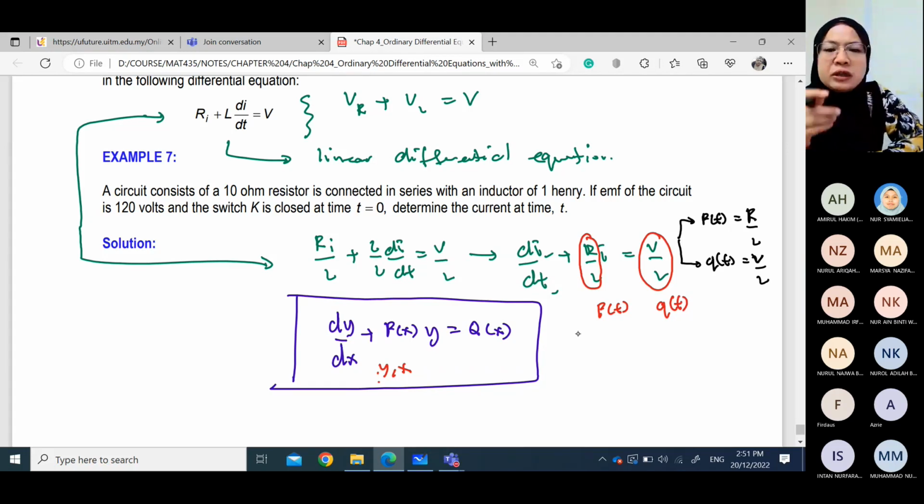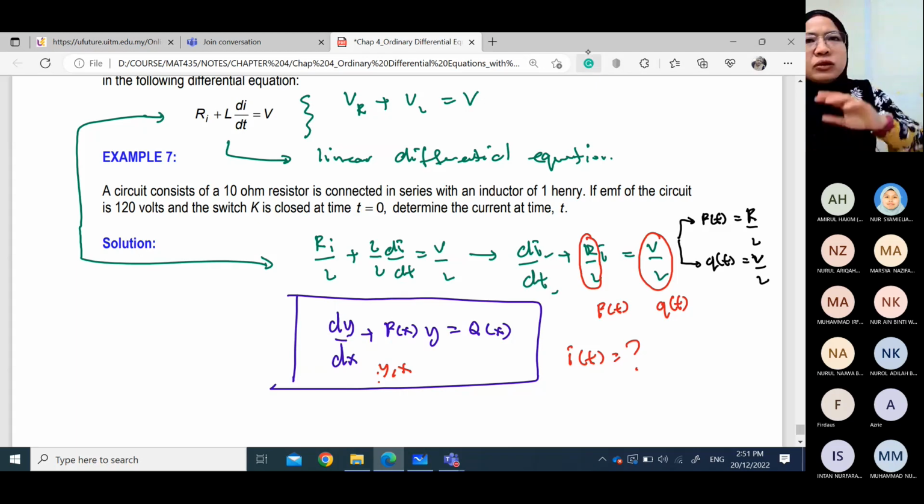Right. So based on this, we need to find I of T, the current at any time T. How do we find the current at any time T? Back to the linear differential equation, we have two steps.